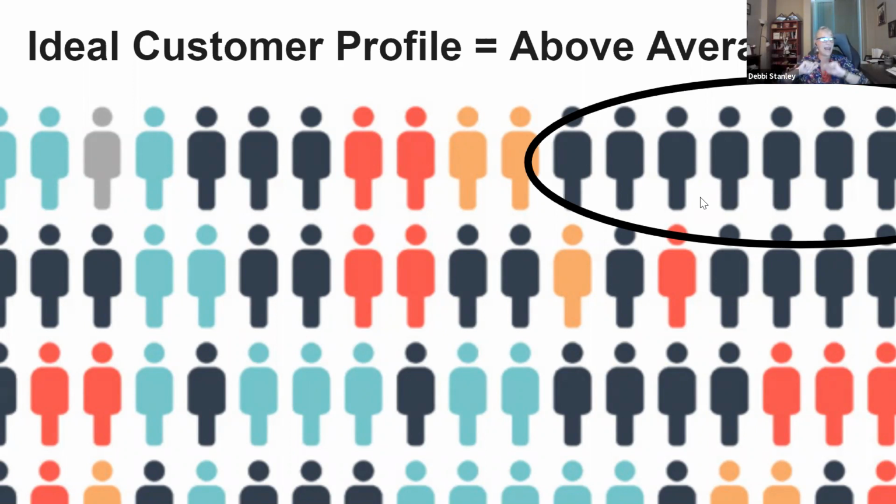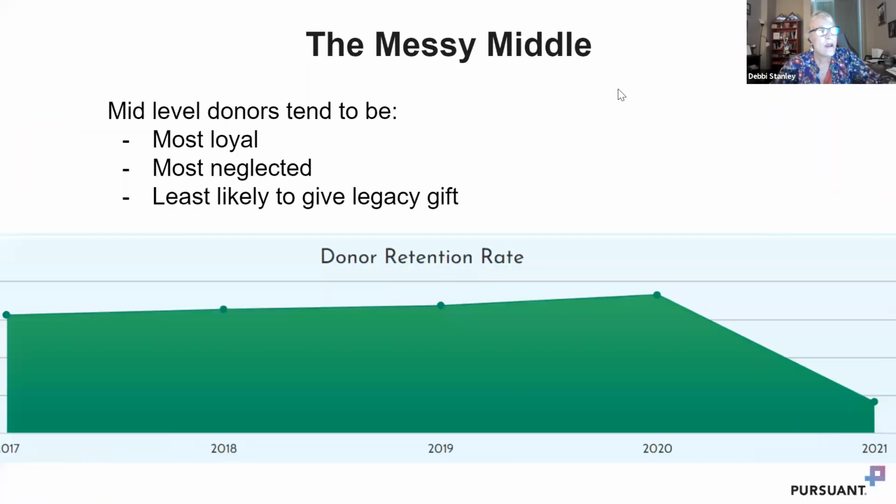Now, I want to be emphatic that we're not just going to focus on major donor prospects. We've got this guy right here that we're going to talk to. No, we want to really look at your donor base.